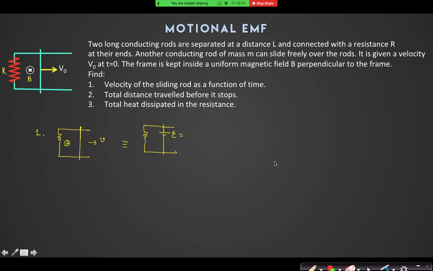Where this EMF is BLV, and if the current is in this direction, then due to this current I in that rod, there will be a force also, and that force is equal to ILB.